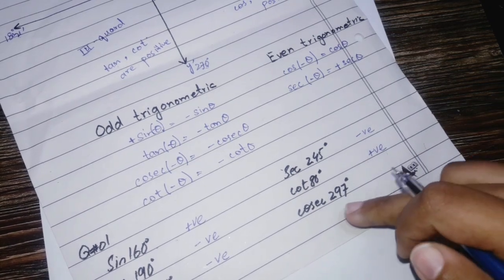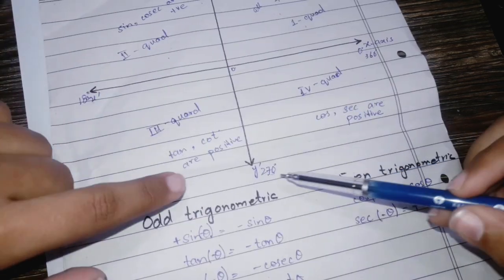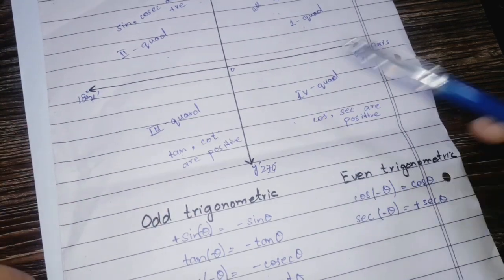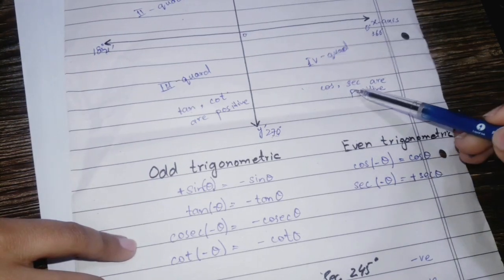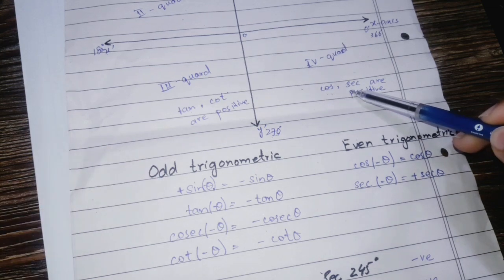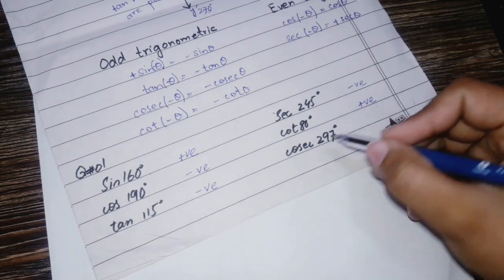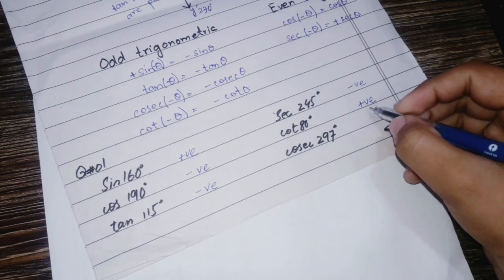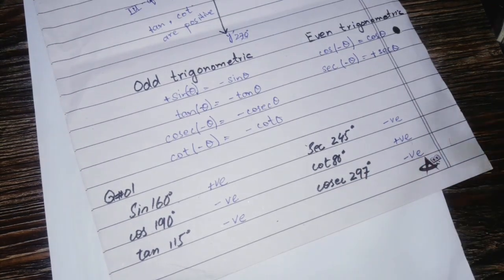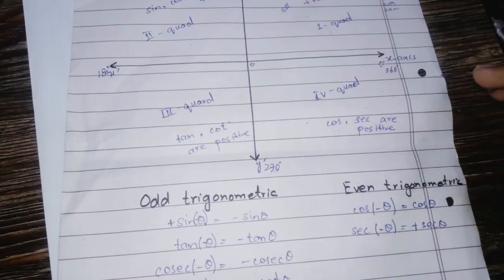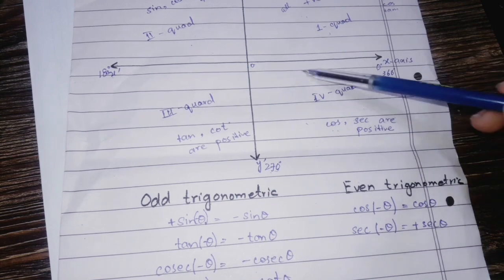Now cosecant 297. 297 is greater than 270, so it is in the fourth quadrant, and in the fourth quadrant cos and secant are positive and all the other trigonometric functions are negative. So cosecant 297 is negative. This is how we see whether the angle is positive or negative in the Cartesian plane.